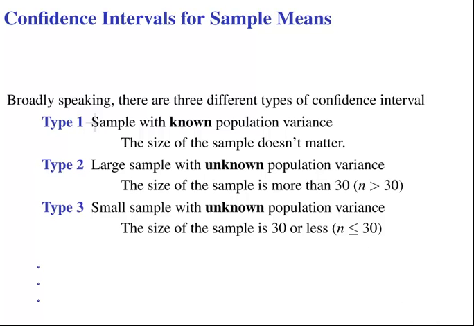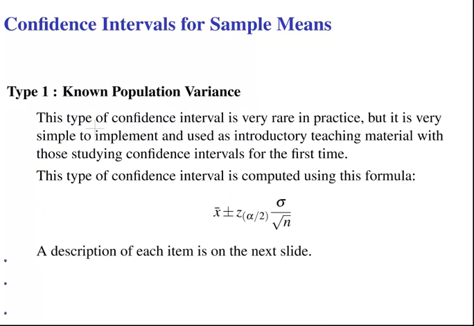Let's go down here. So the first one, known population variance: plus or minus the quantile. That's the quantile there. Essentially you just pick one of the two values.